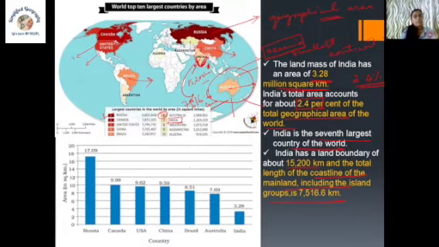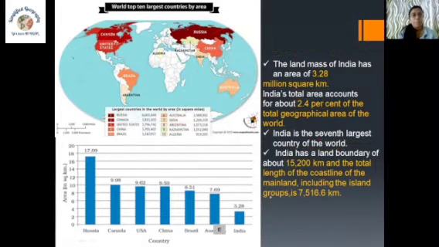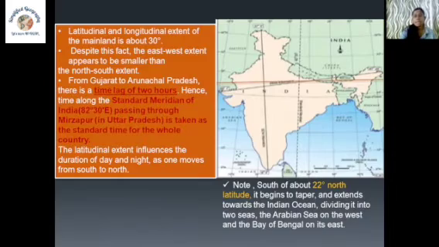Thus it is a country which is also called a subcontinent. Clear? Indian subcontinent, it is called. Moving on to the next slide. Any doubt? If there's any doubt, do share it with me in the comment section and I will respond instantly. Okay? Moving on to the next slide.